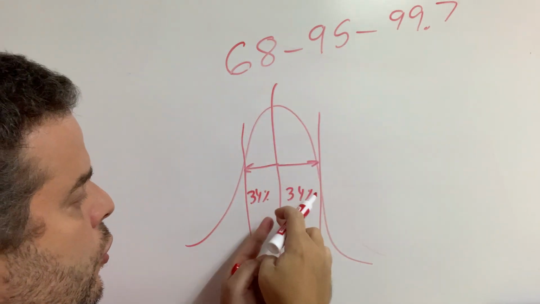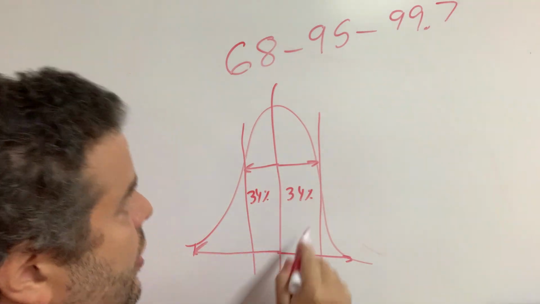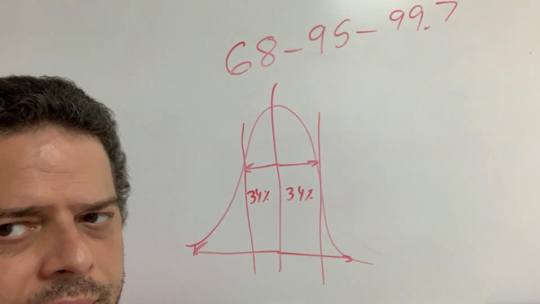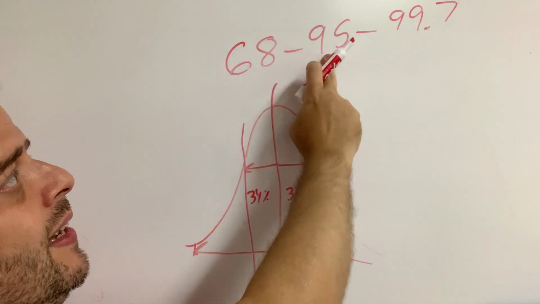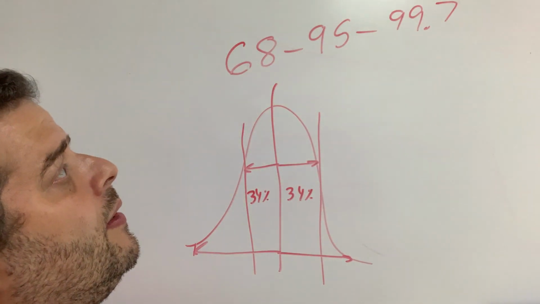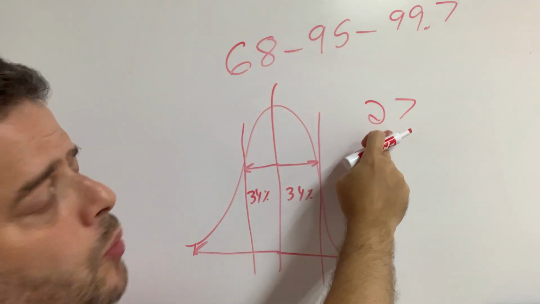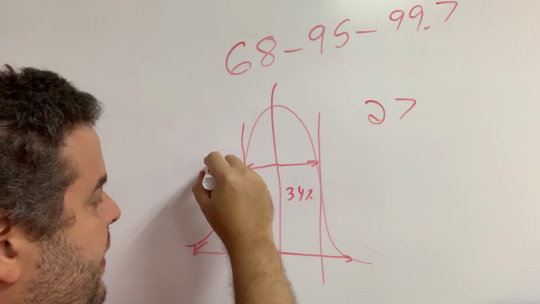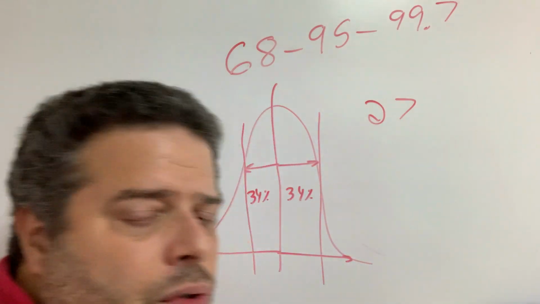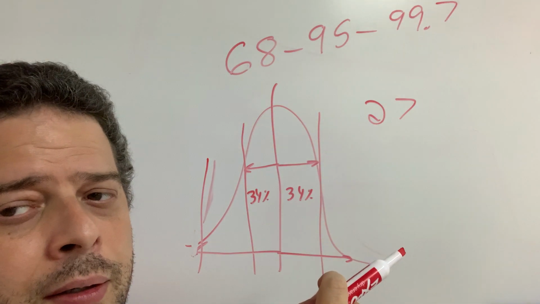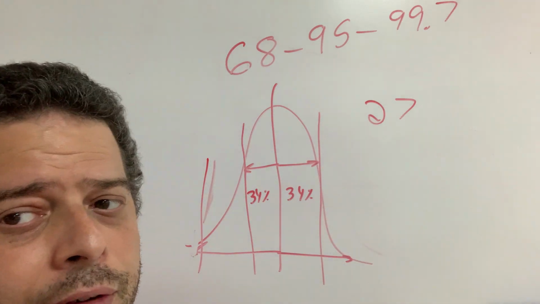Now, within 2 standard deviations of the mean, you should have 95% of all values. The difference between 68 and 95 is 27 points, and 27 divided by 2, because I have 2 of these intervals, is 13.5.